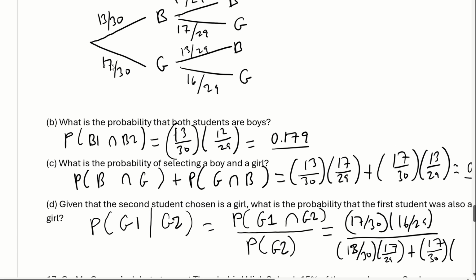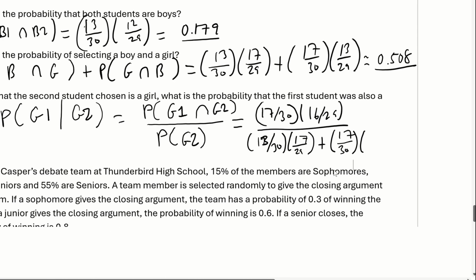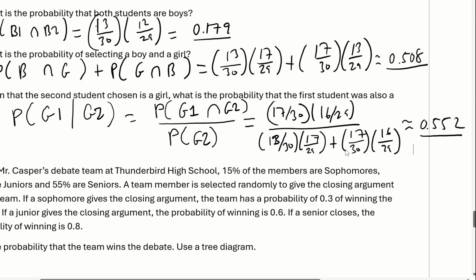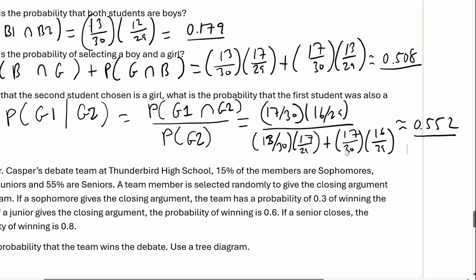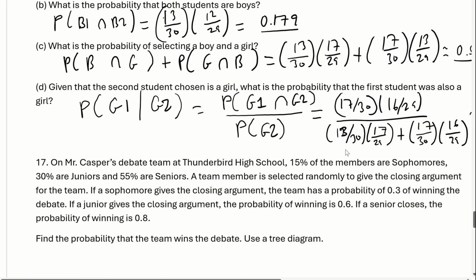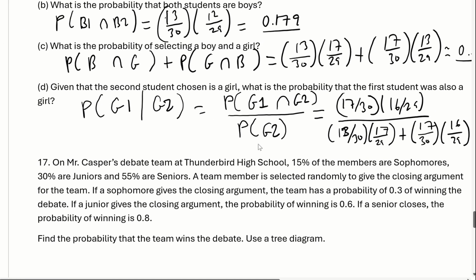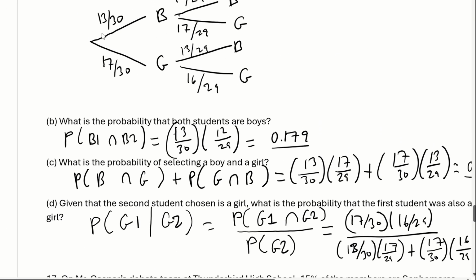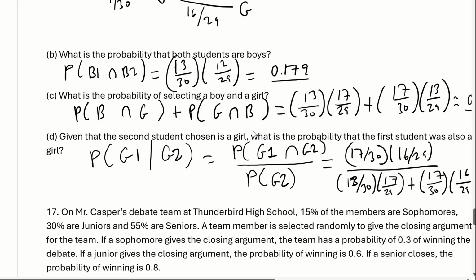Yeah, you can get a girl and then the second one's a girl, 16 out of 29. All right, and just do the math. You got 0.552. All right. Okay. Takes a lot of practice with the formula. So just be mindful of what you're plugging into the formula and use your tree. The tree is very useful to have.